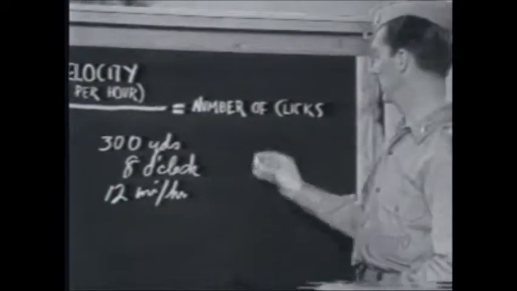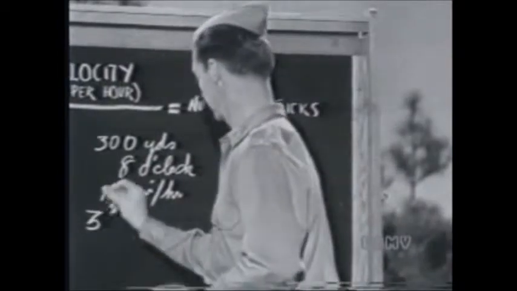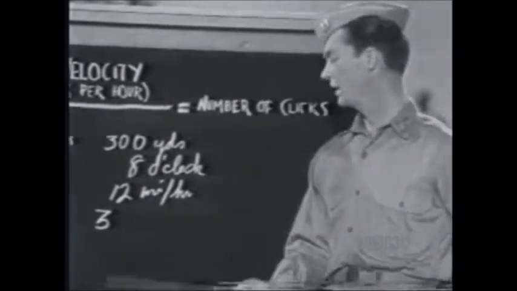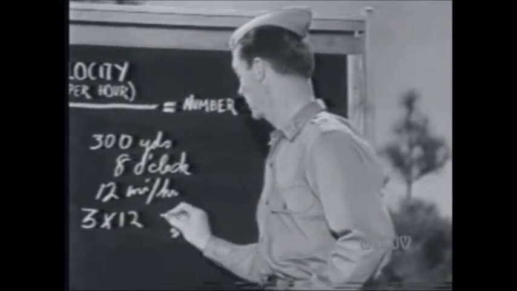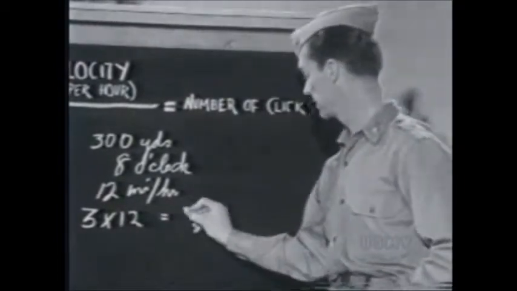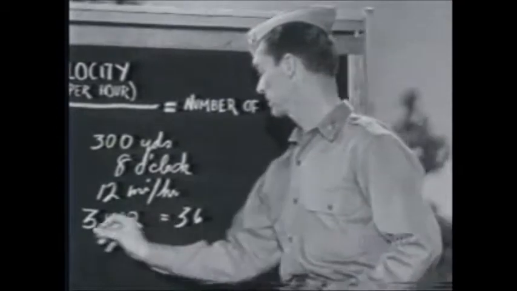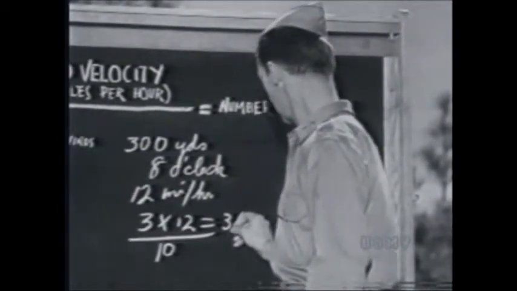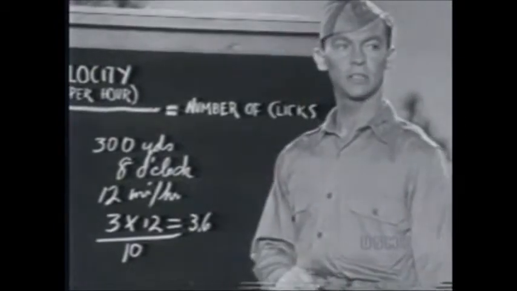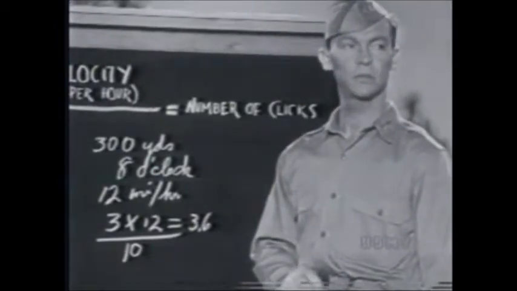That's 3 to begin with. Times 12 equals 36. Divided by 10, 3 6/10.